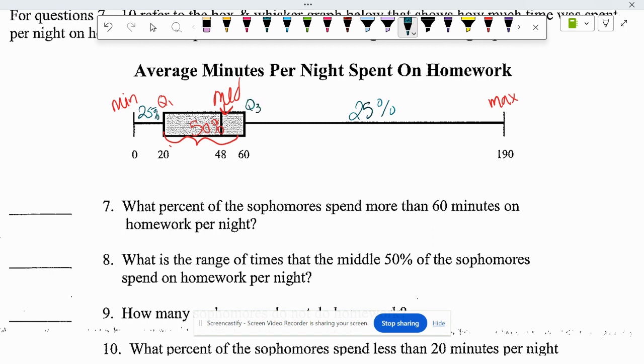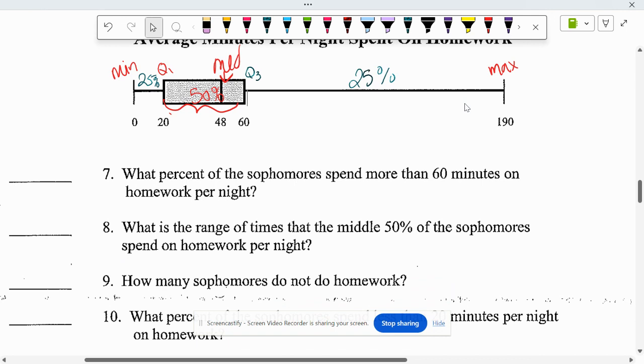Do you guys feel like you have enough information that we can do some questions? Okay. Justice, this one's yours. What percent of the sophomores spend more than 60 minutes on homework per night? Where is 60? I'm asking for a percentage.